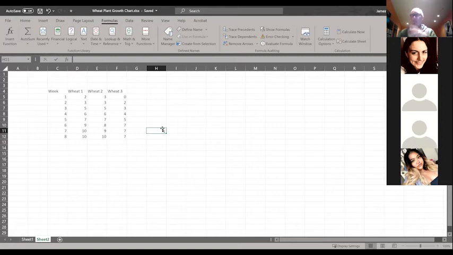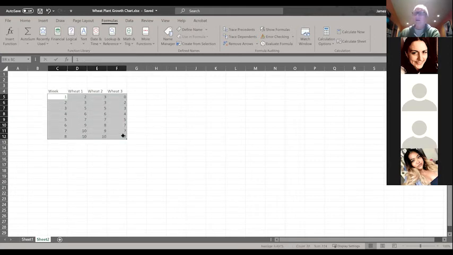So when we want to plot these, we select just the numbers, without selecting the words or letters. Everyone knows how to drag across, hopefully. It took me a while to learn how to do that. And we go to Insert. What this means is we want to take these numbers and insert a table or a graph.